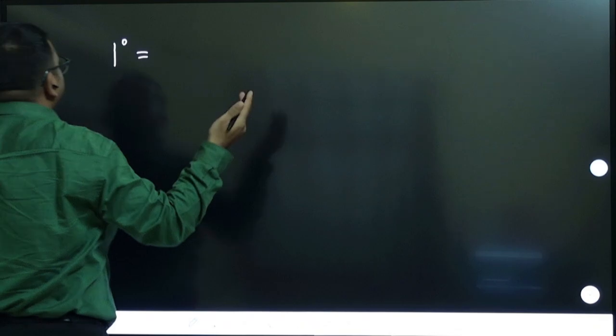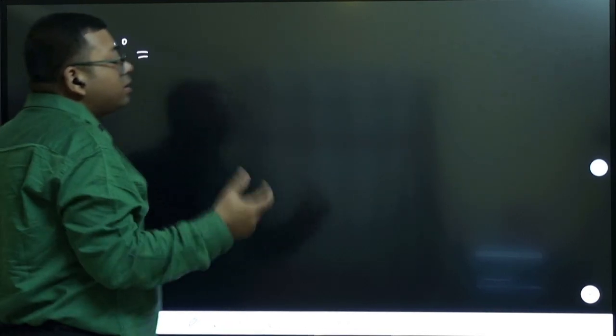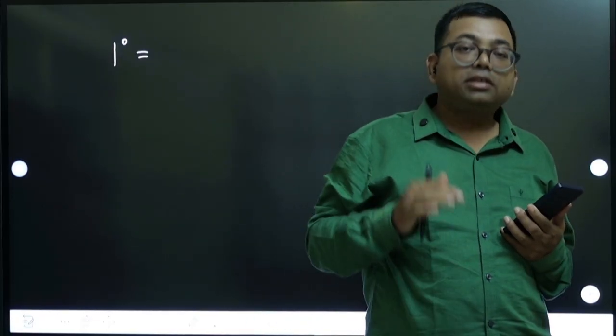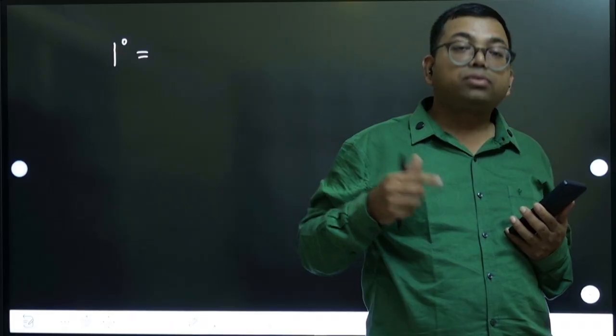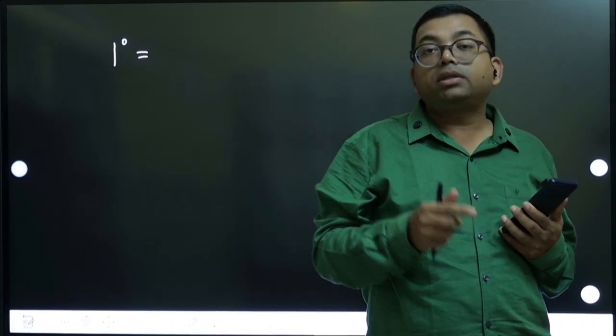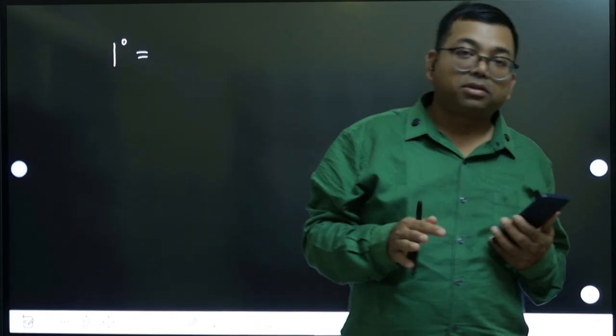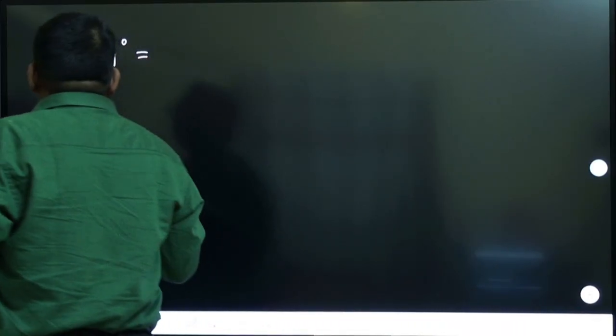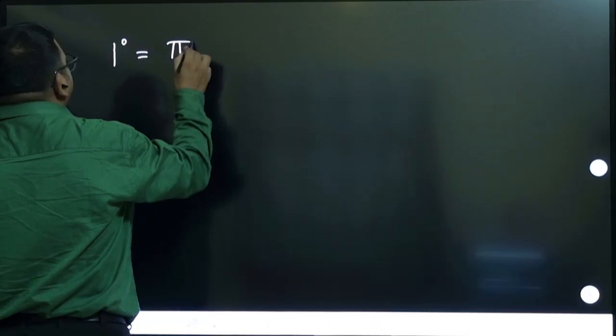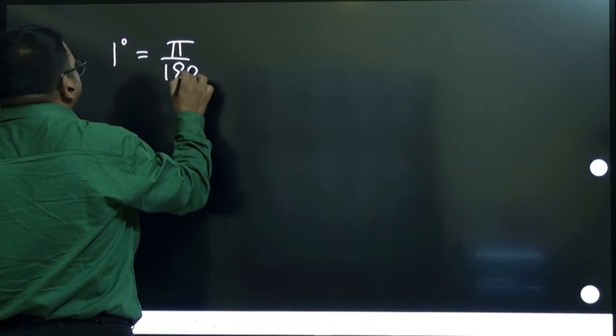So 1 degree is how many radian? Let us keep everything in radian. Why everything in radian? Because radian is the SI unit. Let us bring everything in radian: degree into radian, minute into radian, second into radian, and mug up this. So 1 degree is equal to pi by 180 radian.